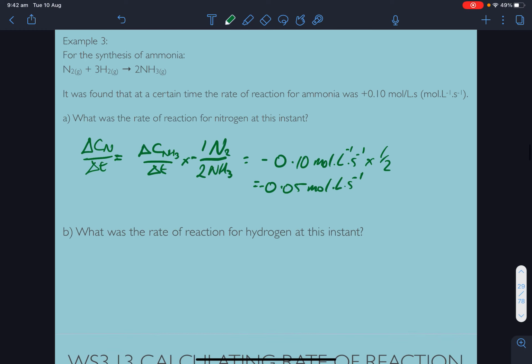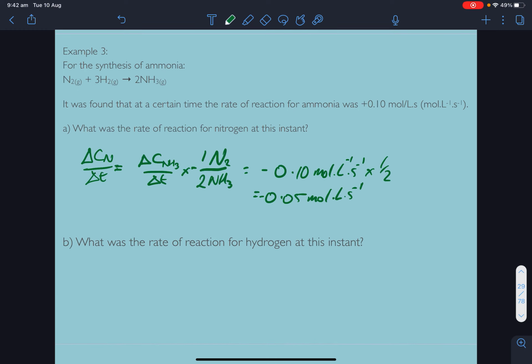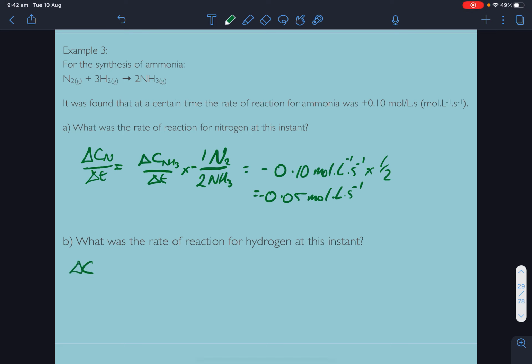What is the rate of reaction for hydrogen? So the change in hydrogen over change in time equals what we know, change in ammonia over time, times, and we'll put the negative there, the change in hydrogen over ammonia.